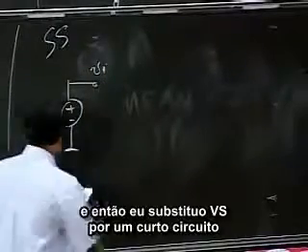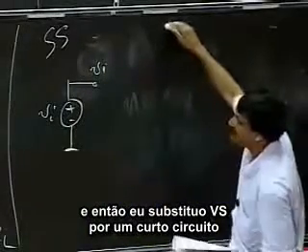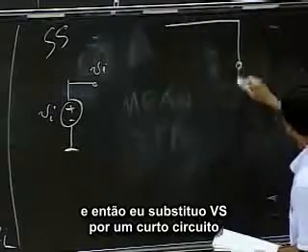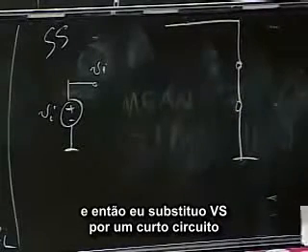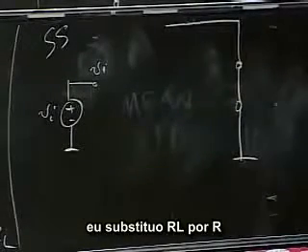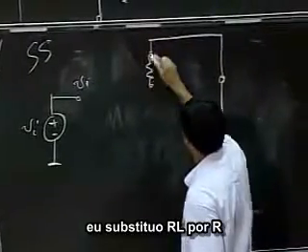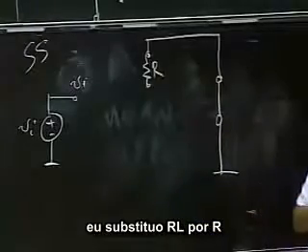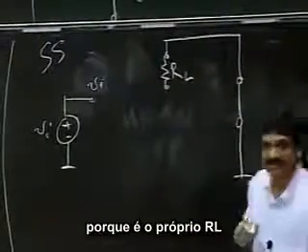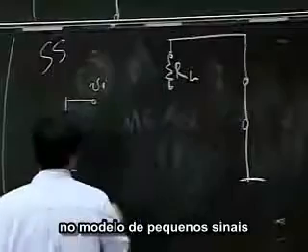So that's vi. Then I replace VF with a short. I replace RL with an R, because it's RL itself for the small signal model.